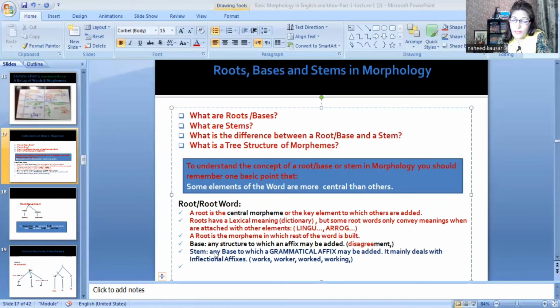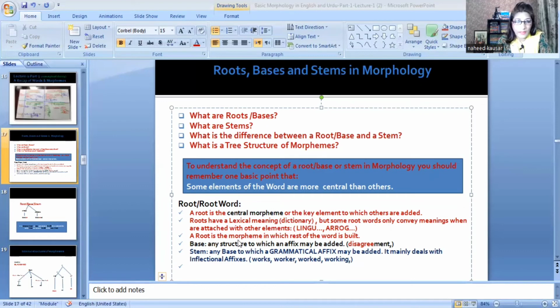So stems are basically a kind of root, the basis on which further components can be added or attached, mainly as the inflectional morphemes, right? You can consider these examples, that here the verbs are inflected because S, ER, ED, and ING are attached to them.